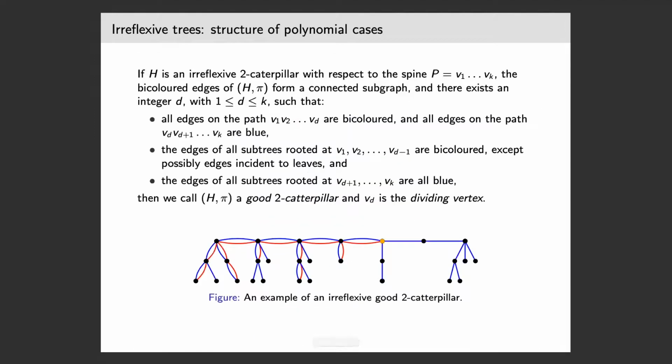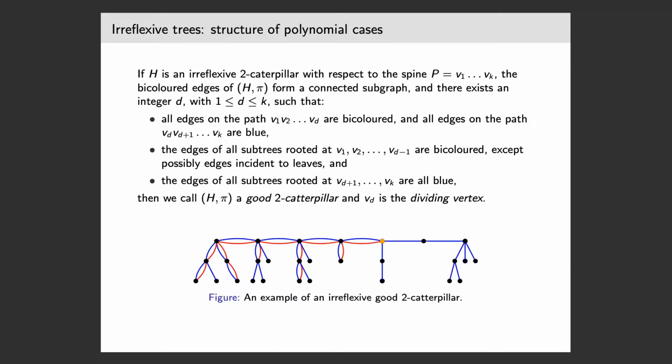Now I shall describe polynomial cases. As we saw before, the graphs have to be two-caterpillars. We also have the following constraints, which you can quickly check for the example below. The bicolored part of the graph forms a connected subgraph.